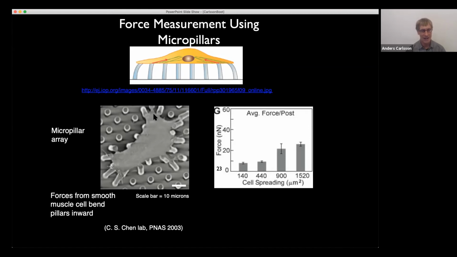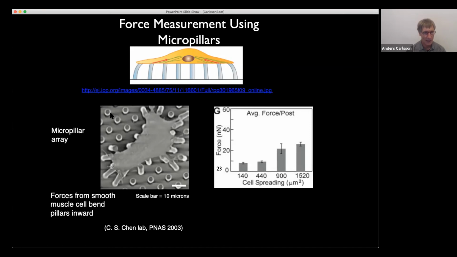It's just that the analysis is much simpler because the posts are independent of each other. So you can look for, at any given post, the displacement of that post is equal to the force that's exerted on it. So you don't need to do this very complicated elasticity math. You can just look at the displacements of the individual posts. And that's what you're seeing here.